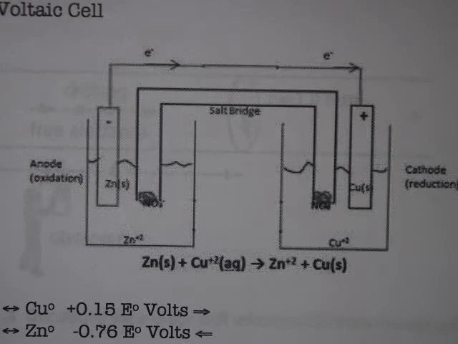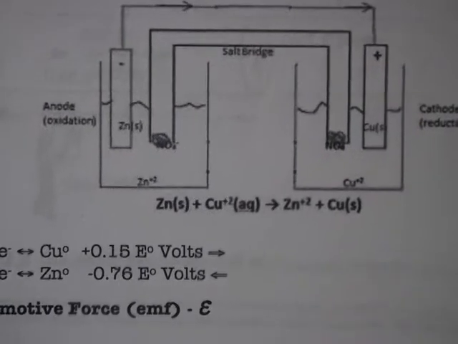So what happens here is that there is a difference between zinc and copper in that one of them has a greater tendency to lose electrons than the other, and that is capitalized on in galvanic cells.